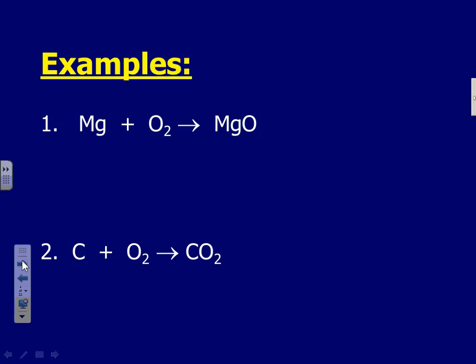And how many magnesiums on the right? That's good. Let's now deal with the oxygens. How many are on the left? 2. And how many are on the right? So what am I going to have to do with the coefficient in front of the magnesium oxide so that the O's are the same? What big number do I have to put in front? I have to put a 2.